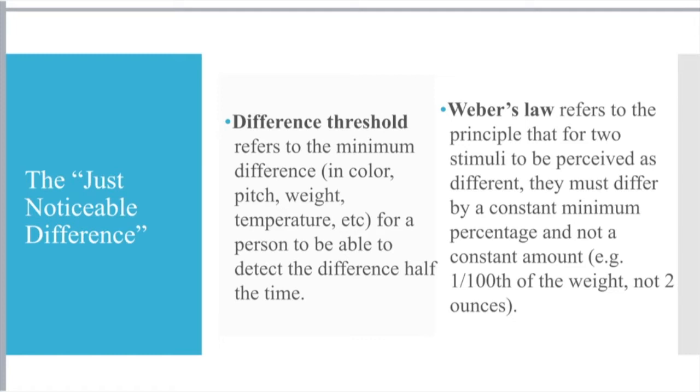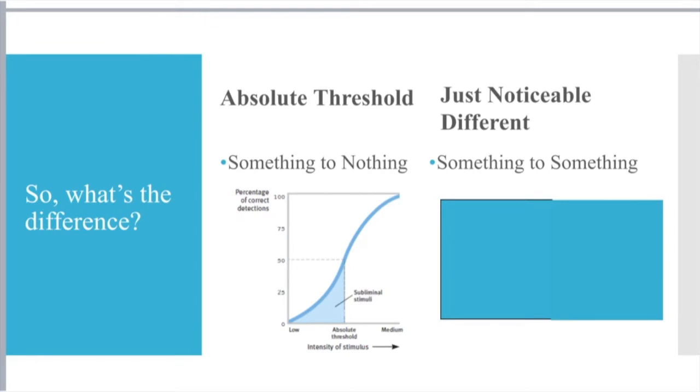It means your difference threshold for color pigments is just different than somebody who can see it. So again, around difference threshold, the white square is just 1% darker.